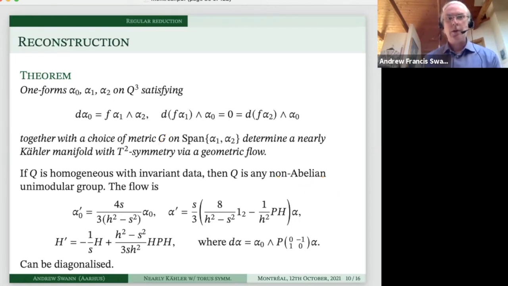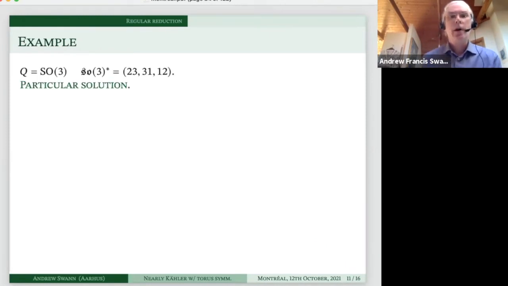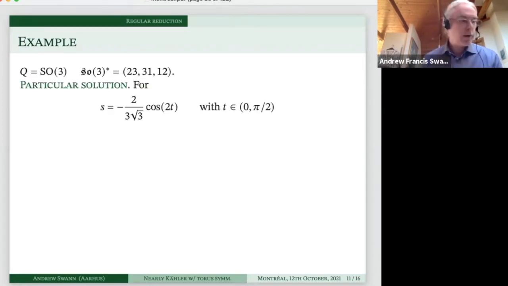So if I take Q to be SO3, I write the dual Lie algebra in this way. So I'm taking a basis E1, E2, E3, and d of E1 is E2 wedge E3. So then we can write down a particular solution. I introduce a new parameter, which is essentially a cosine of a double angle.